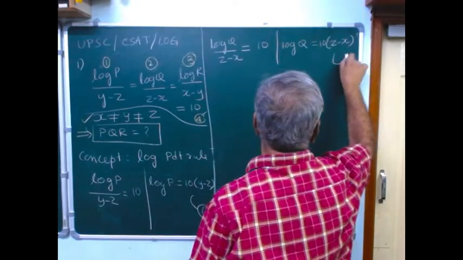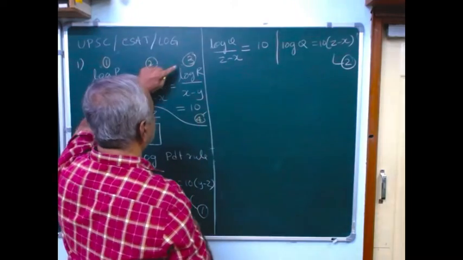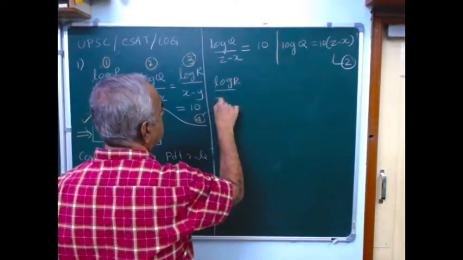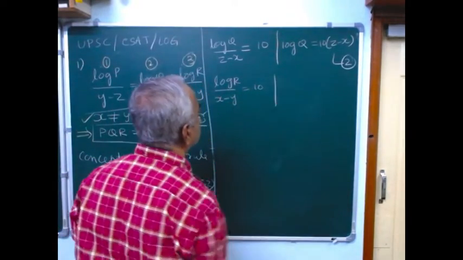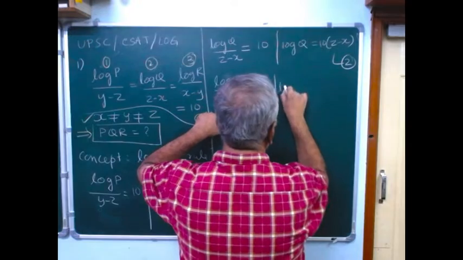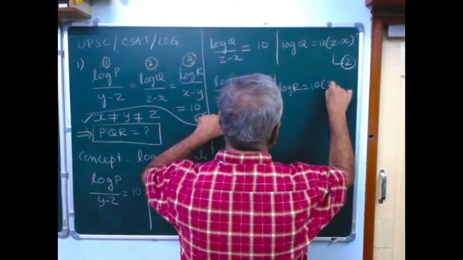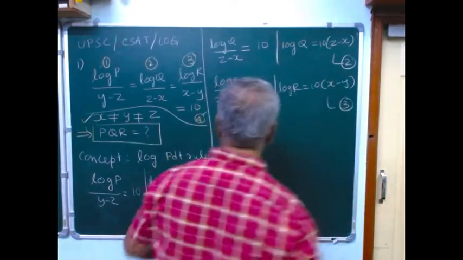Let us take this as equation 2. Then the third term, log R divided by x minus y, is equal to 10, and this can be rearranged as log R is equal to 10 into x minus y. This is the third equation.